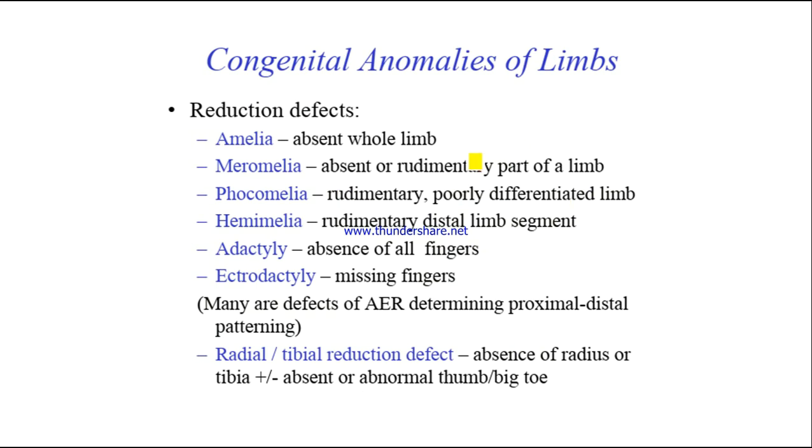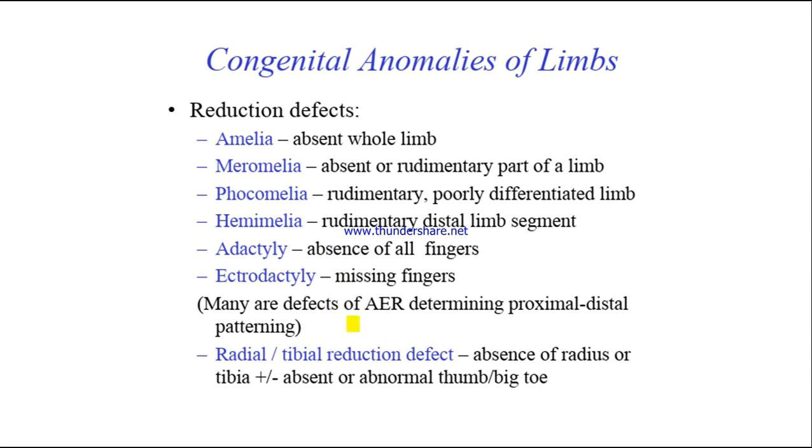Some important congenital anomalies of the limbs to consider are reduction deficits such as amelia, absence of a whole limb; meromelia, absence of a rudimentary part of a limb; phocomelia, a rudimentary or poorly differentiated limb; hemimelia, a rudimentary distal limb segment; adactyly, absence of all fingers; and ectrodactyly, missing fingers.